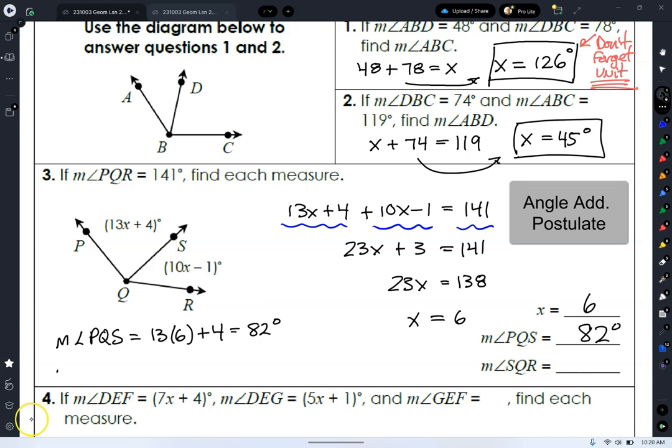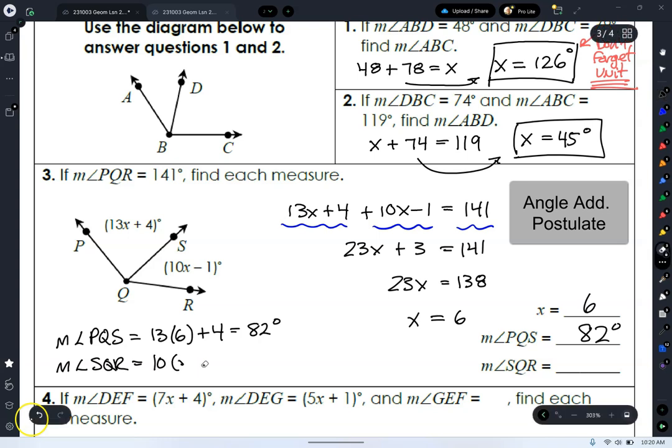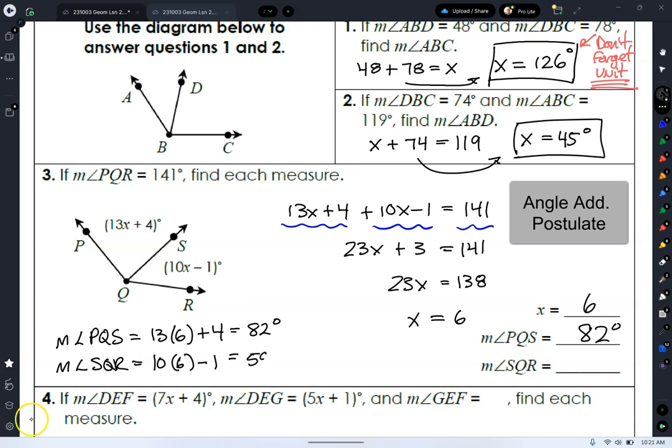And if I wanted to know the measure of angle SQR, that would be equal to 10 times my same x minus 1. So then that's 60 minus 1 is my 59 degrees right there.